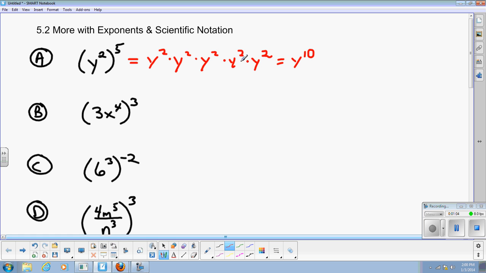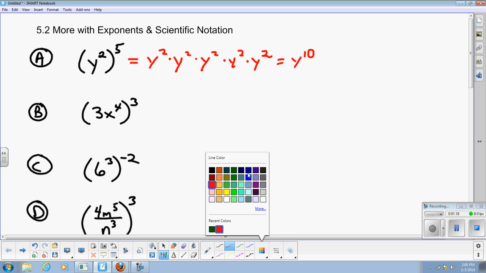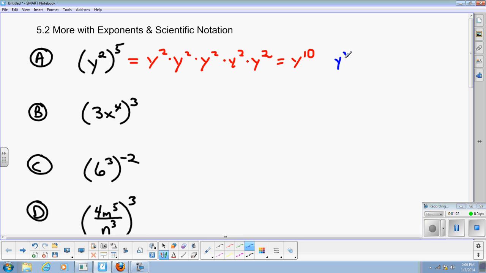Nice, we can write all that out. Is there something that you know how to do with 2 and 5 that gets you to 10? That's right, I can multiply. So another way that I could simplify this problem is to say y squared to the fifth power is the same as y to the 2 times 5, or y to the 10th.